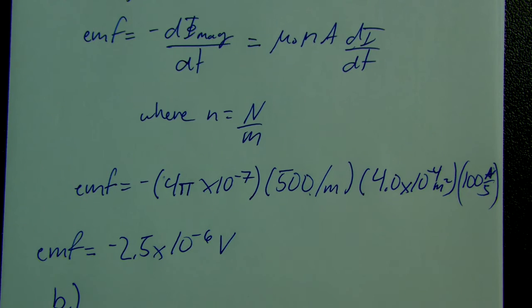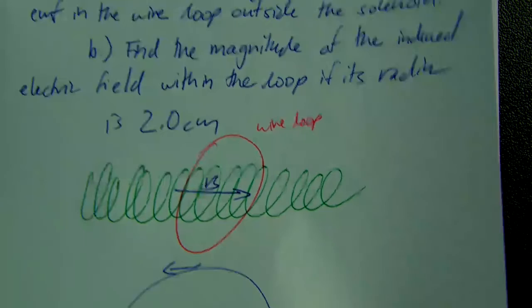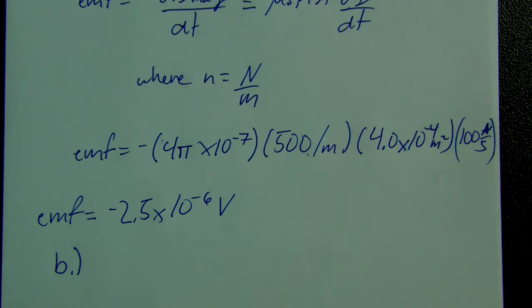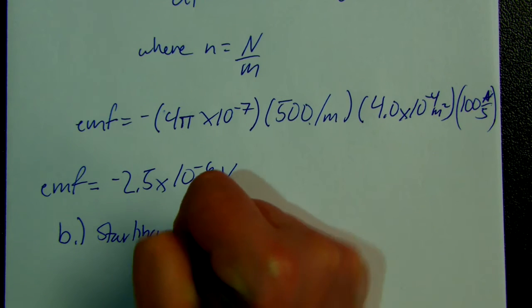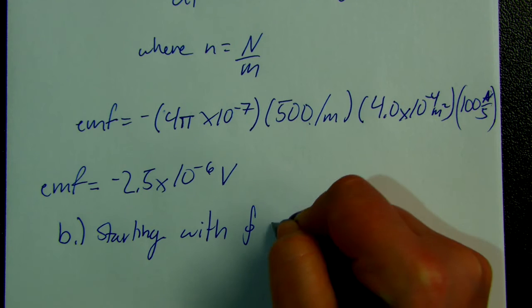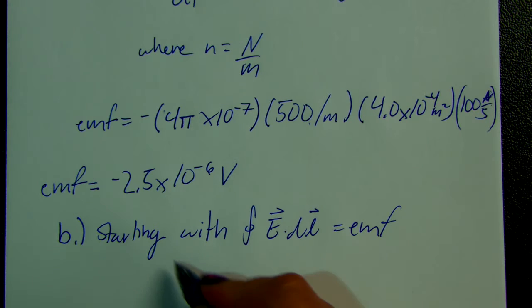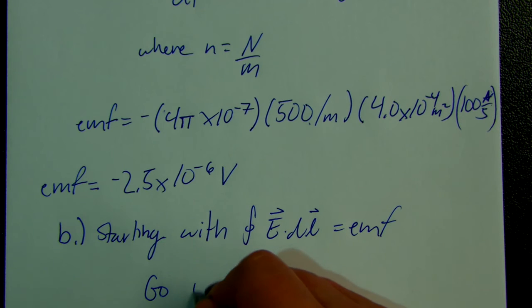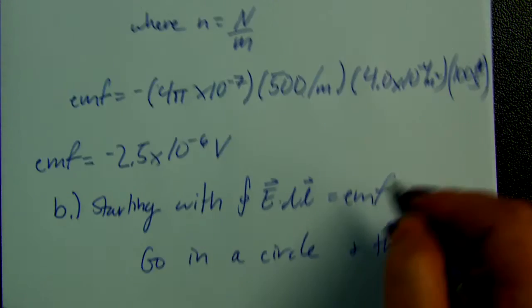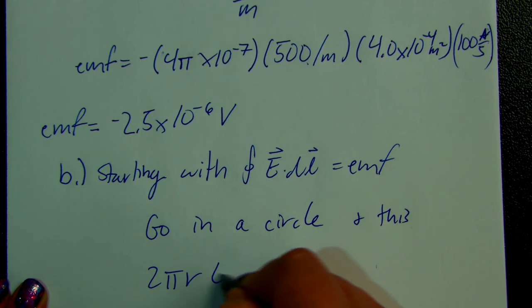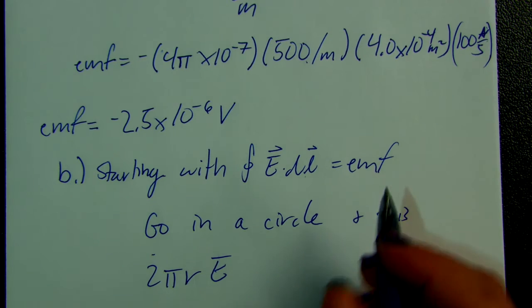All right, so part B, we want to find the magnitude of the induced electric field within the loop, that loop, if its radius is 2.0 centimeters. So we're going to start with the integral of E dot dl is equal to EMF. We're going to go in a circle. And this is 2 pi r E, where 2 pi r is dl and E is the electric field.